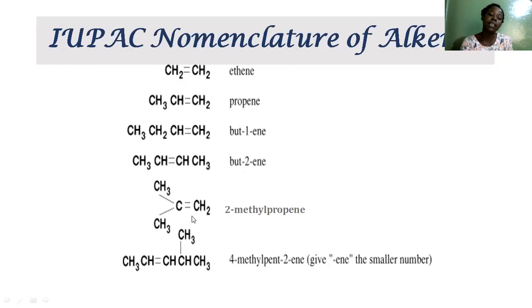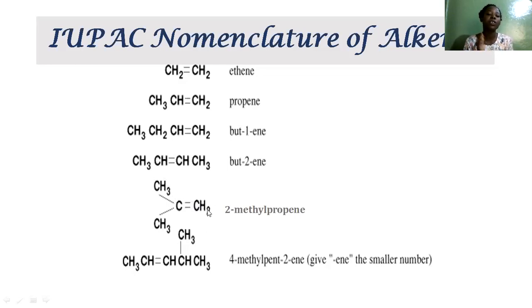Then the third example, the name is 2-methylpropene. Why? Remember, the longest continuous chain with the double bond is 1, 2, 3. So this acts as a substituent, or the other way around, if you counted 1, 2, 3, this becomes your substituent, whichever way you counted it.